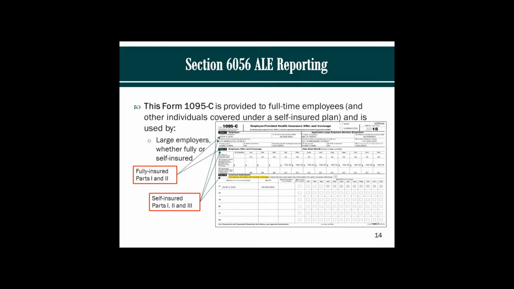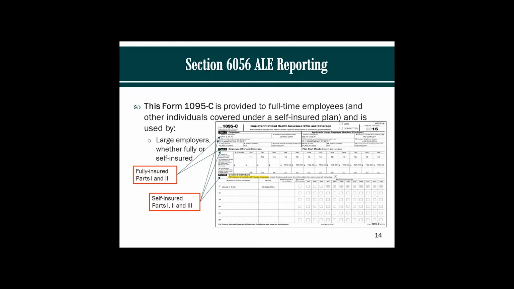If you go down to line 16 in part 2, you're going to see that I have in there a 2A. And I've coordinated my codes, because on one line I say to the IRS, I didn't offer this employee coverage. But then when they look at the 2A, it says, this employer didn't offer coverage because this individual wasn't employed at that time.